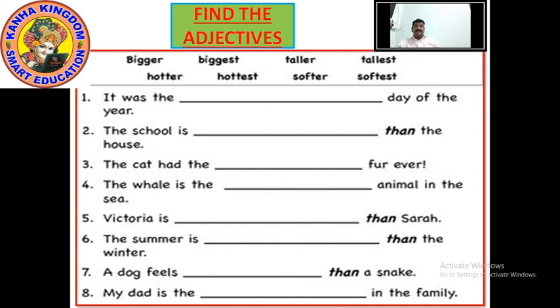The summer is hotter than the winter. The dog feels softer than a snake. My dad is the tallest in the family. Got it? These are all taken from the word bank.